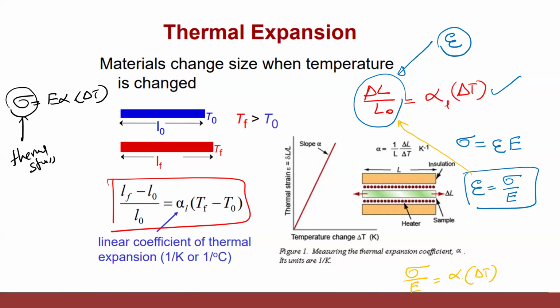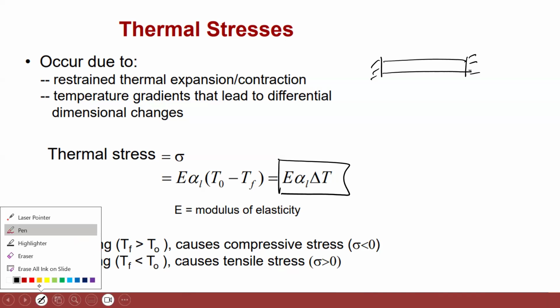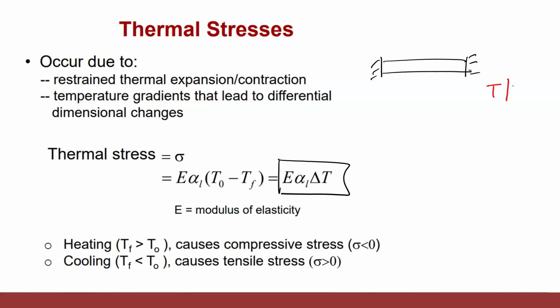So when you consider the thermal stress, what will happen? The next slide is thermal stress, and you can use this equation that we got before. For example, if you have two fixed supports, have you done fundamentals of mechanics? So you know what fixed supports are. When you increase the temperature, what will happen to this beam? It will expand.